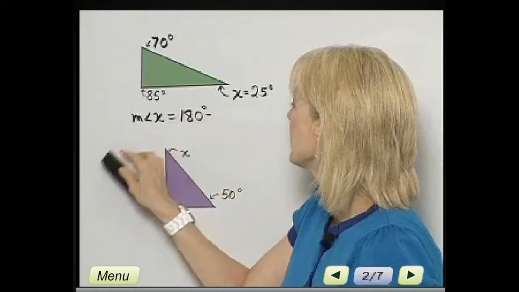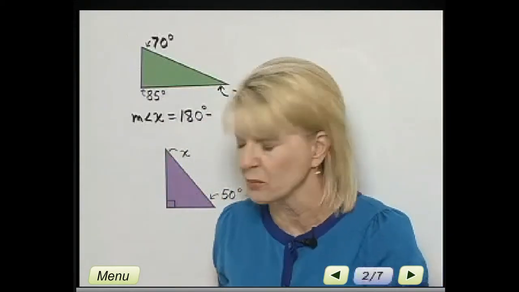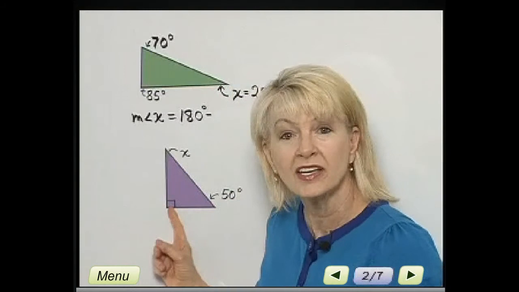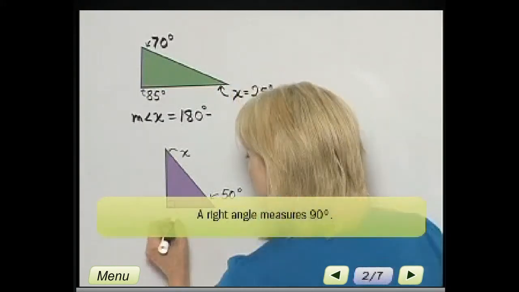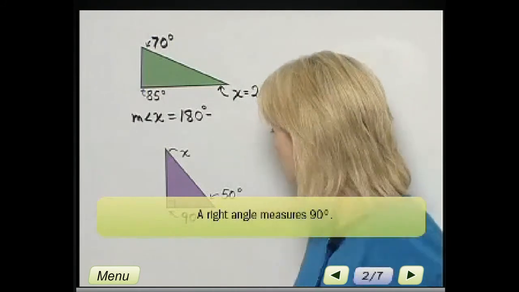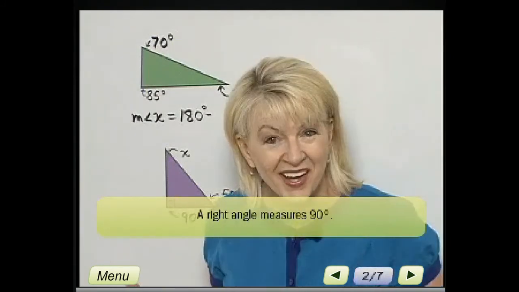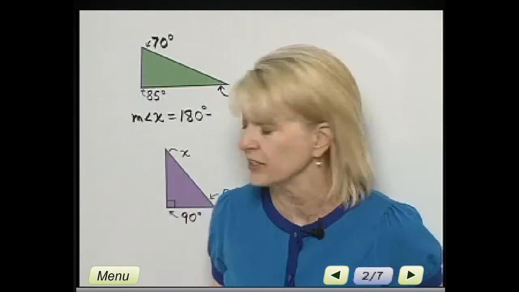Now, by the way, this is a special triangle, which we'll talk about more in just a moment. But you see this marking? That means that this is a right angle, which means its measure is 90 degrees. But still, this is a triangle. The sum of the measures of the angles must be 180 degrees.